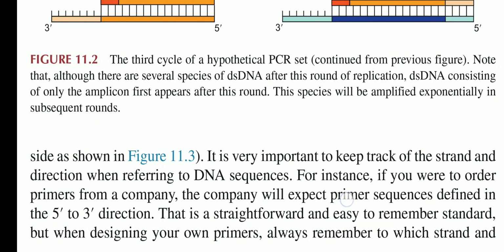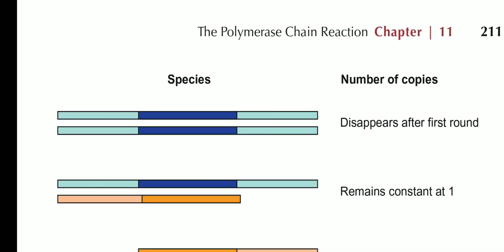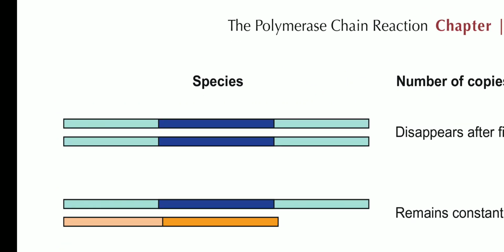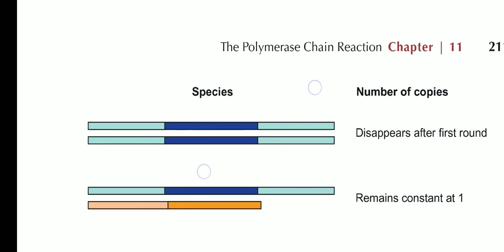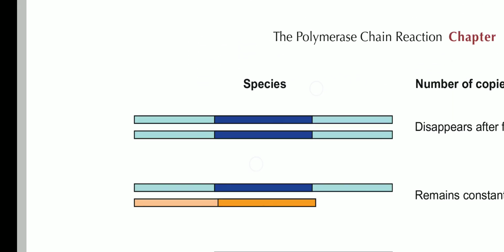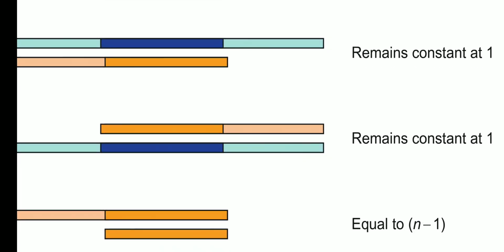So to better understand what we are going to have after cycles, let's say 30 cycles, we will lose this parental exponential DNA segment. This DNA segment is not going to be in our tube. Okay, this remains constant one, this also remains constant one.